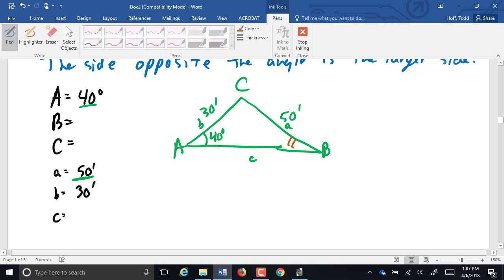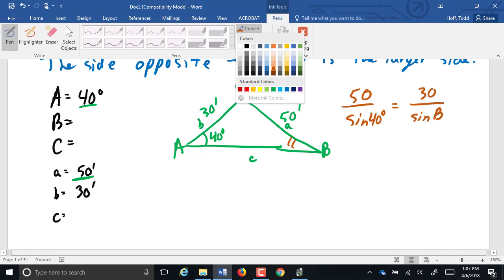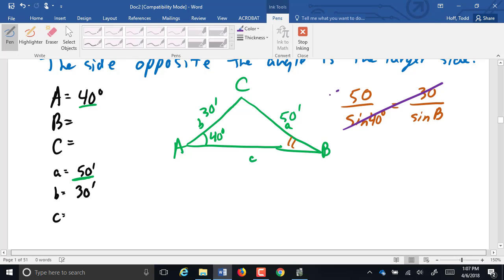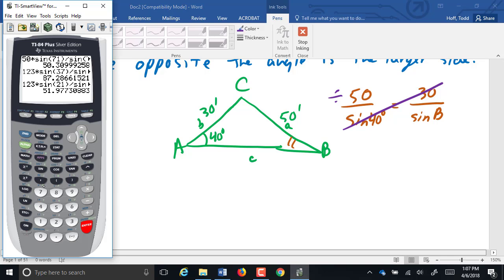So now I can find angle B here by having 50 over sine of 40 equals what? 30 over sine of B. Now note here, when I cross multiply and divide, I am not going to be finding angle B, I'm going to be finding the sine of angle B. So I'm going to do sine of 40, close my parentheses, times 30 divided by 50.